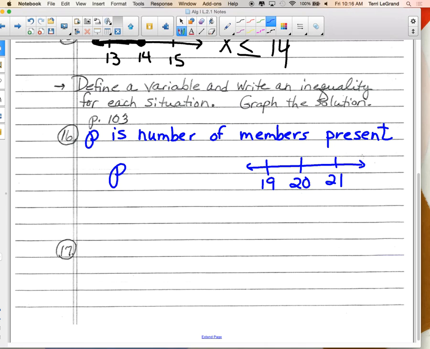Okay, who wants to tell me what to write to finish my algebraic statement? AJ? P is greater than or equal to 20.